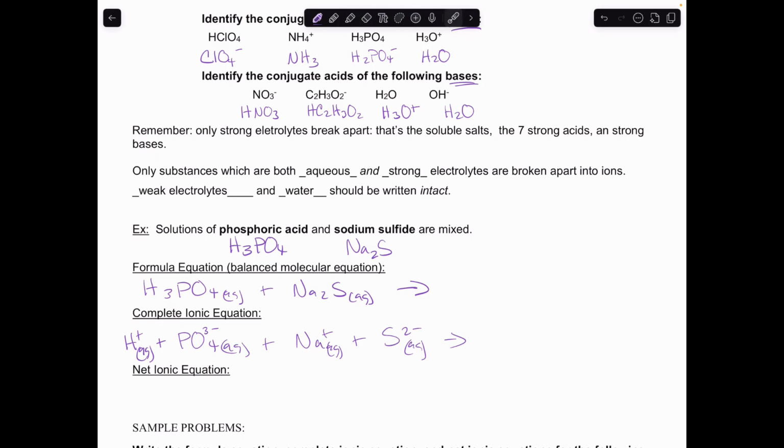Remember, only strong electrolytes break apart, that is, soluble salts, the 7 strong acids, and strong bases. So in this next section, we're going to practice writing those 3 types of equations.